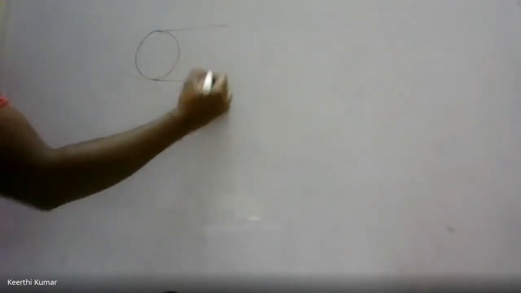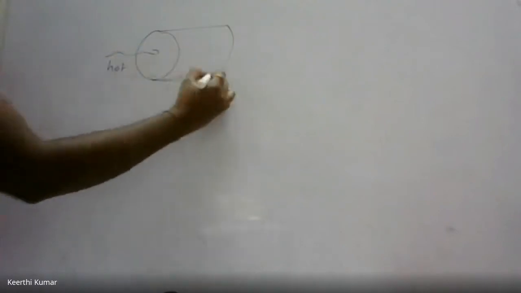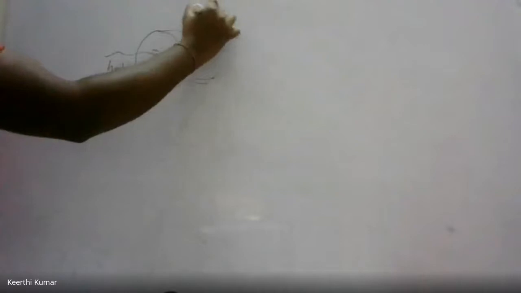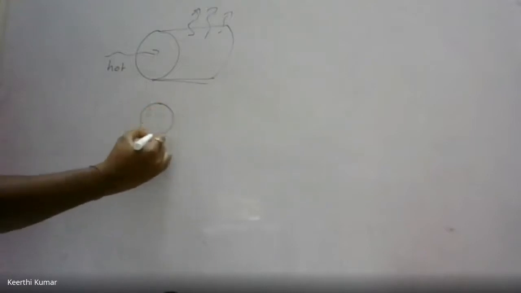Then you may ask, sir, what did we do in the first chapter? In the first chapter it was almost similar. There was a pipe where hot fluid was flowing inside, and heat transfer taking place outside, we solved, no? If I draw the cross-sectional view, it was like this.